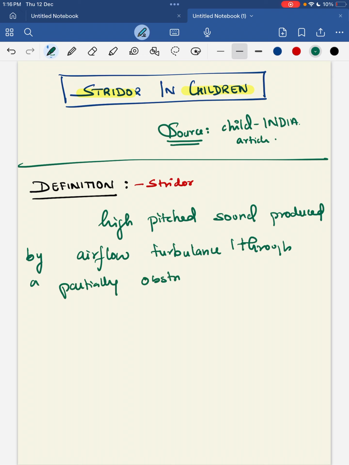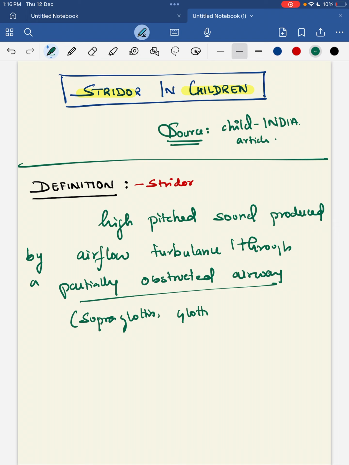This partially obstructed airway can be present either in your supraglottis, or in your glottis, or it can be in your subglottis region also. So stridor is a high pitched sound produced by airflow through a partially obstructed airway. Okay, so this is the definition of stridor.